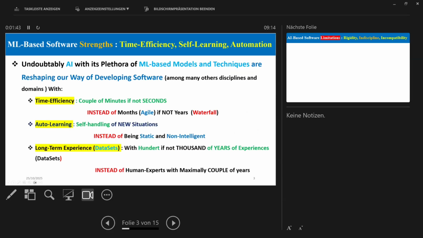They bring auto learning or self learning, and with the dataset they could go beyond a human's couple of years of experience. So it could be 100 or 1,000 years, meaning more experience and more knowledge to reason on the application.